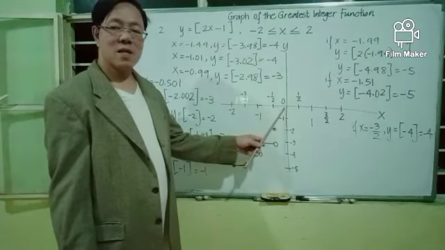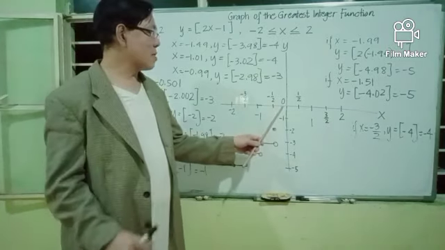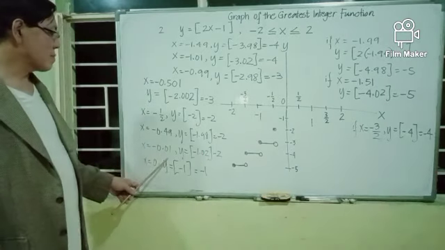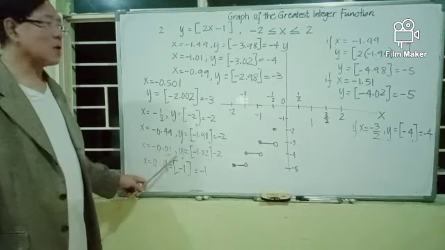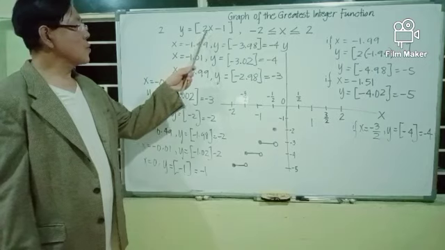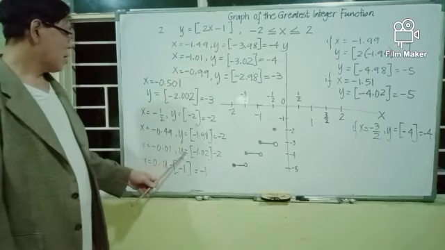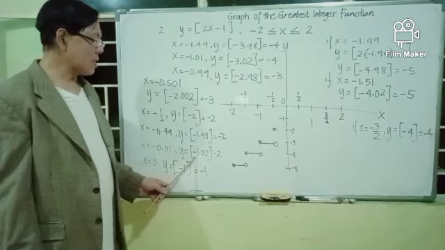Now, I will take a real number very close to 0 but less than 0. I will take negative 0.01. If x equals negative 0.01, substitute here in the greatest integer function, 2 times negative 0.01 minus 1. Using your calculator, you should try it. You should get negative 1.02.